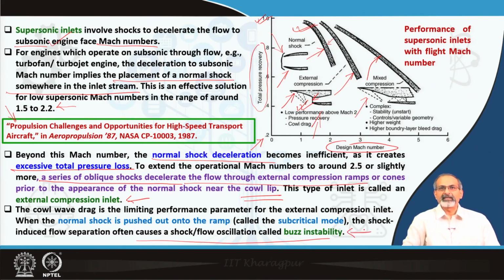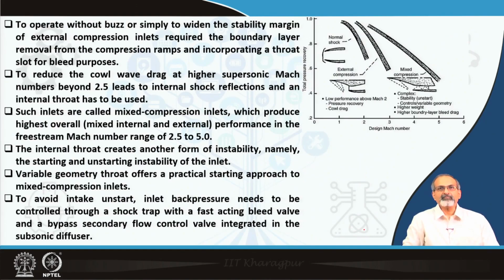There could also be intake unstart. To operate without buzz, or simply to widen the stability margin of external compression inlets, one requires boundary layer removal from the compression ramps and incorporating a throat slot for bleed purposes.